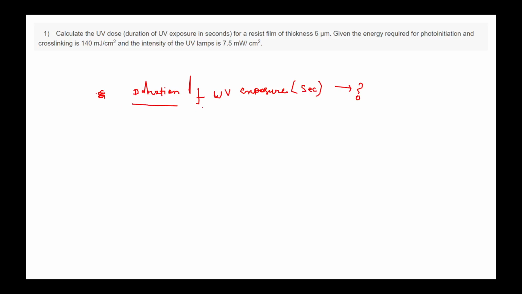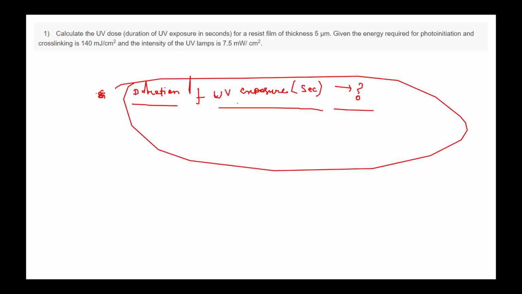The question is asking the duration of UV exposure in seconds. This you need to find out. Try by yourself, then we'll discuss how to solve this kind of problem.